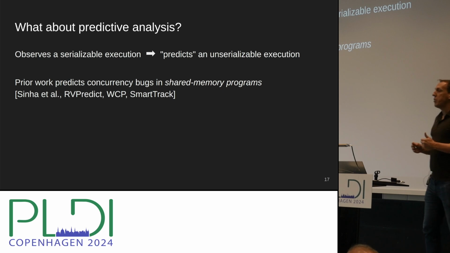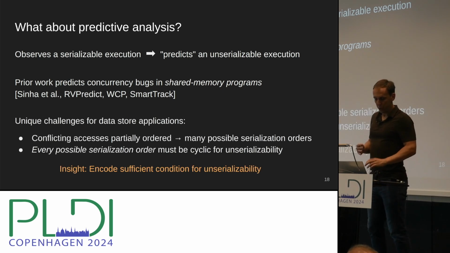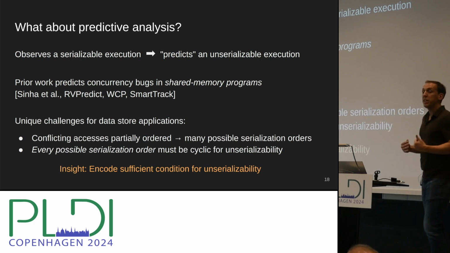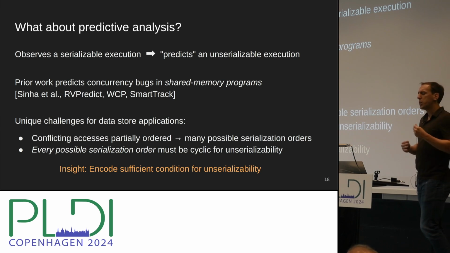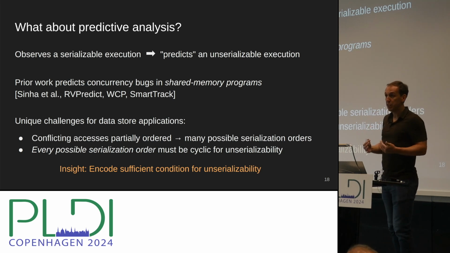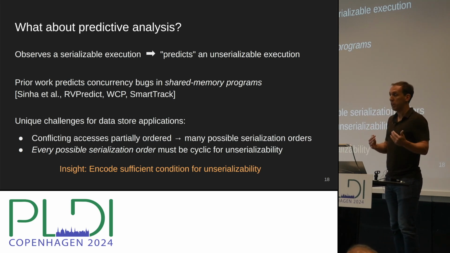There are some similarities here, but there was a key technical challenge that we had to overcome, which is that conflicting accesses are only partially ordered in these weakly isolated executions. What that means is there are many possible serialization orders, also called commit orders, that can make an execution serializable.